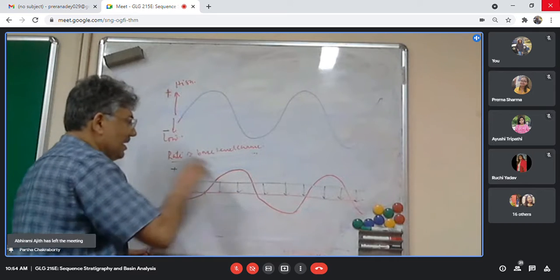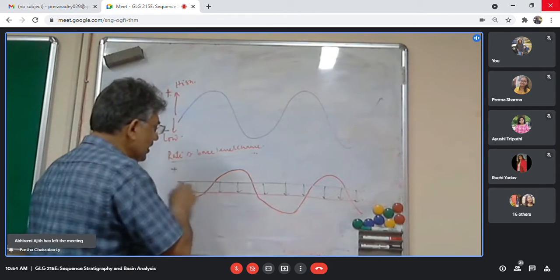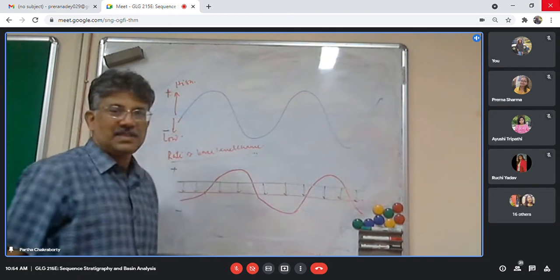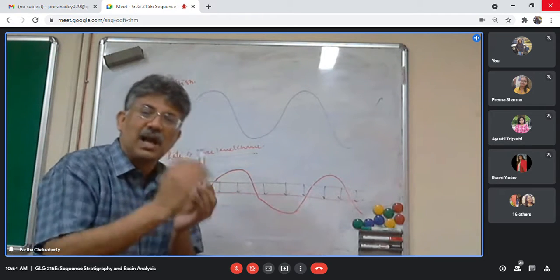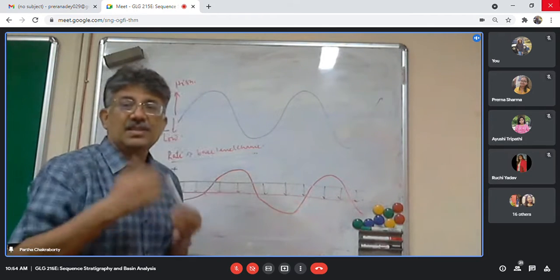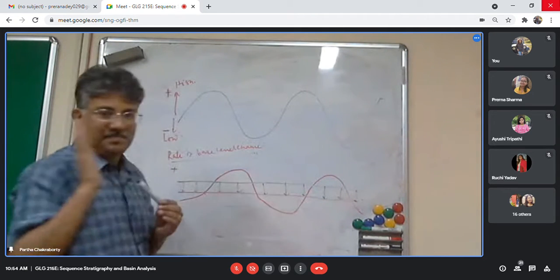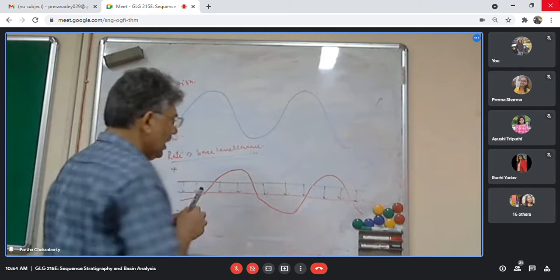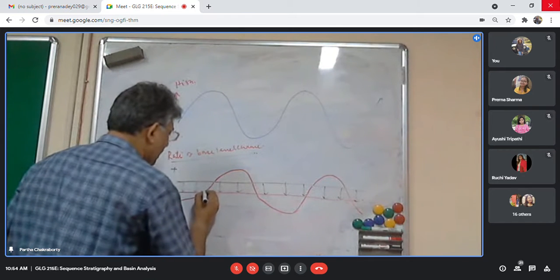Now I come here. As you are superimposing the sedimentation rate on the rate of base level curve, you are actually dividing the base level curve into some subparts. Now, what if I start from here?